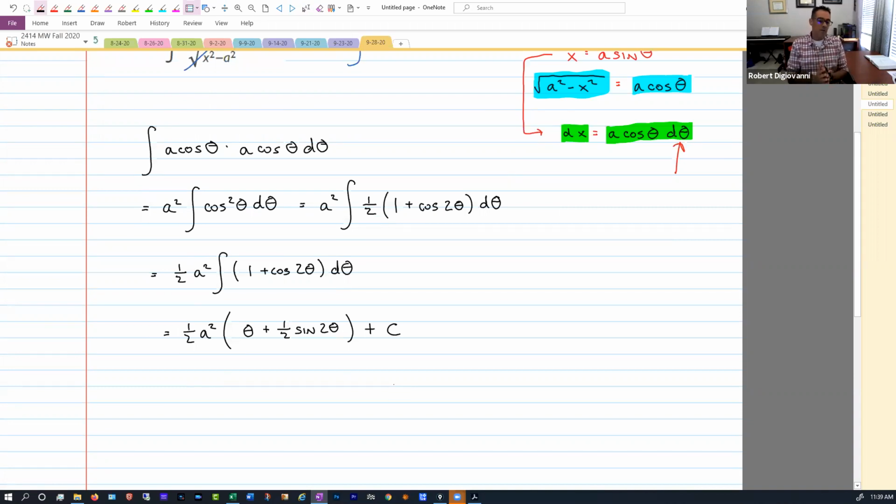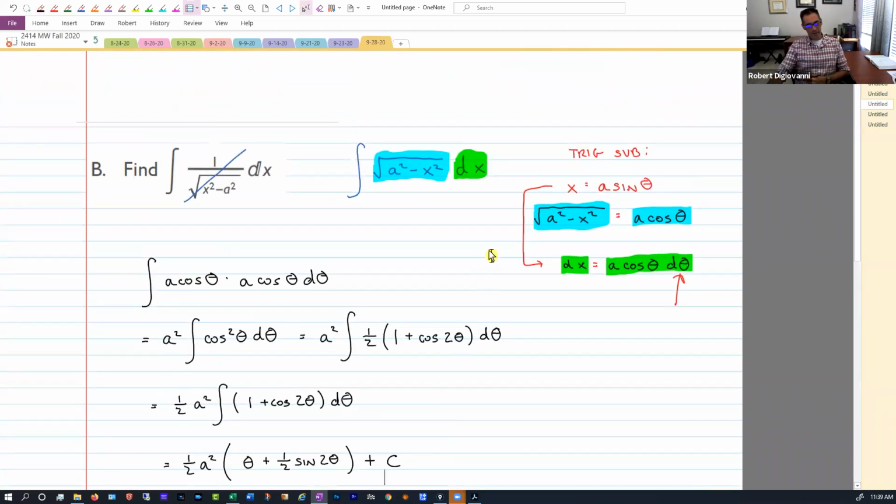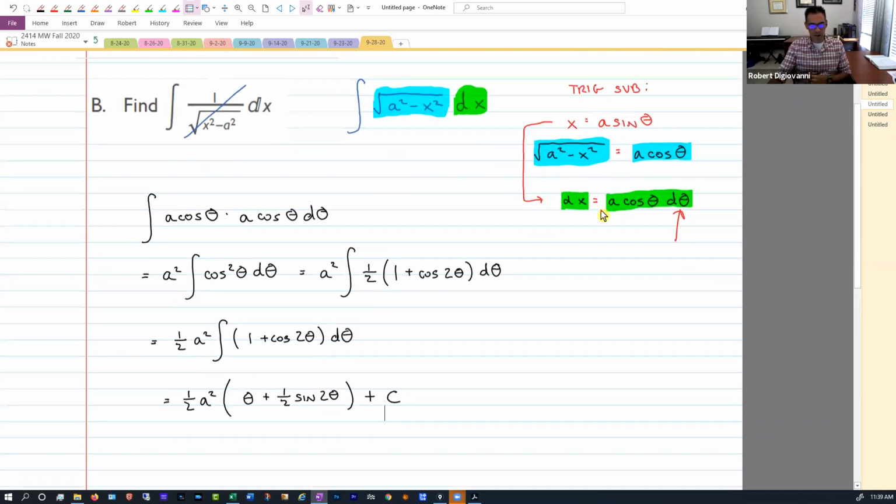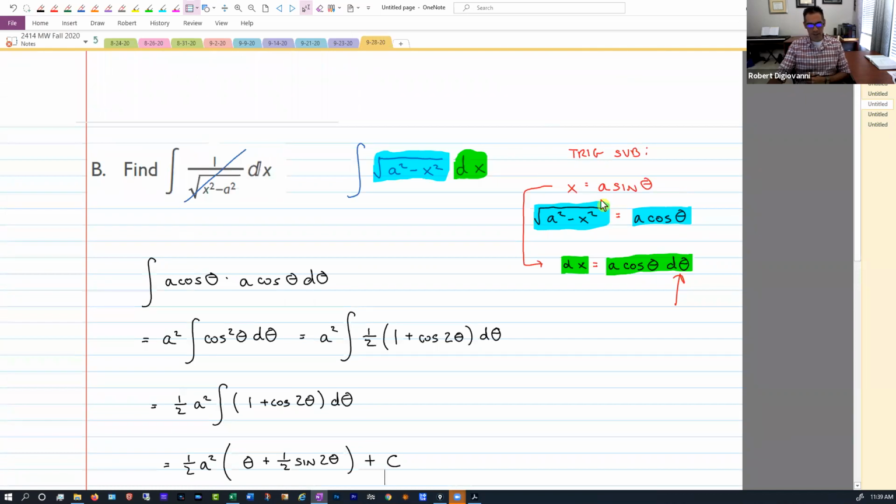We've taken an antiderivative. What we need to do now is get it back to x, right? So Maribel, I'll let you off the hook if you can tell me what my next step should be in order to get back to x. I think I'm good.